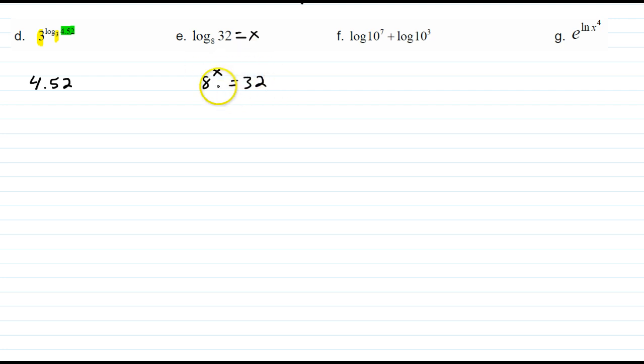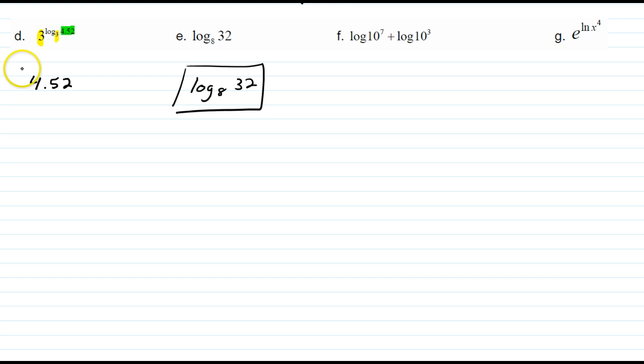So I'm trying to figure out 8 to what power equals 32, and again our directions were simplify, and I don't want to solve, so I was just trying to think if I could make it work somehow, and unfortunately I can't, and so this is already simplified. There's nothing I can do to simplify that. There's no property I can use, so that's in simplified form.